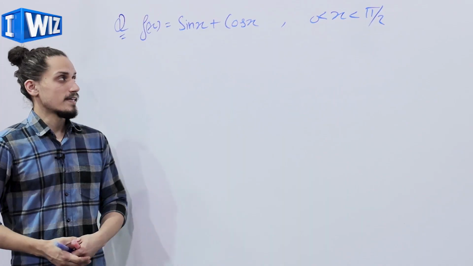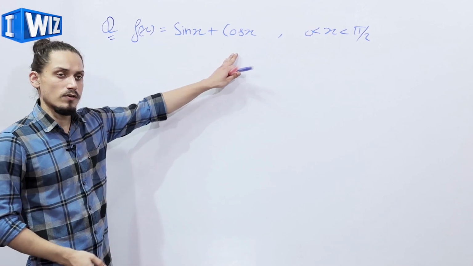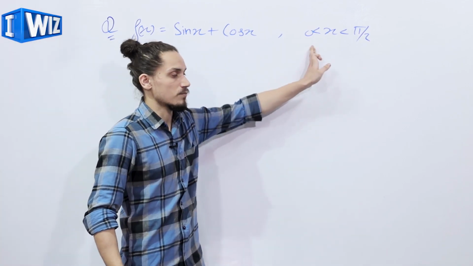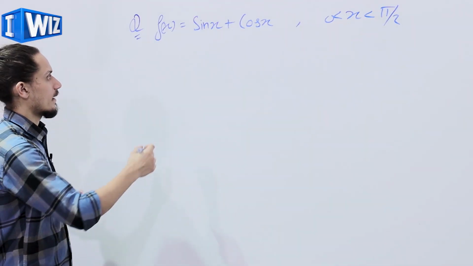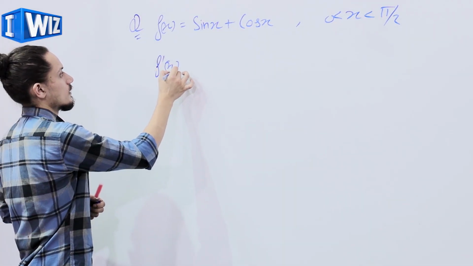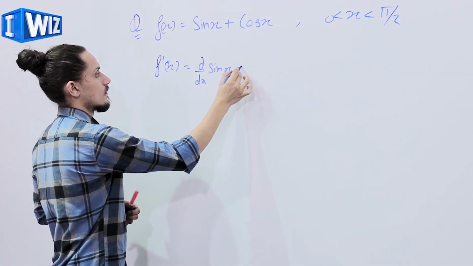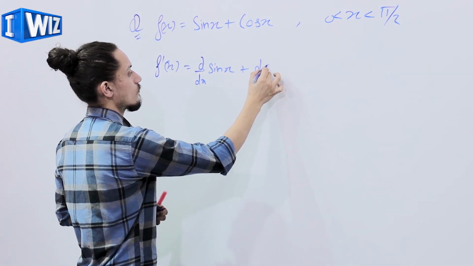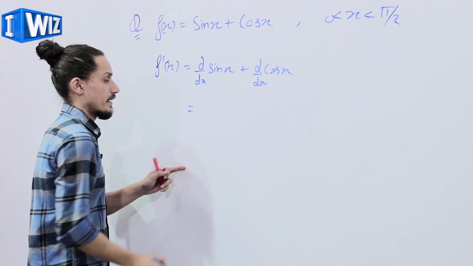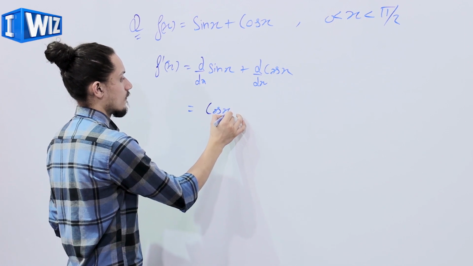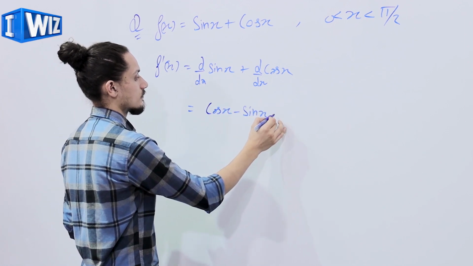Now the next function is f of x is equal to sin x plus cos x, and we have to find its maximum or minimum value in the interval x from 0 to pi by 2. So first step, f dash x is equal to the derivative of sin x plus the derivative of cos x. The derivative of sin x is cos x, and of cos x is minus sin x, so we get cos x minus sin x.